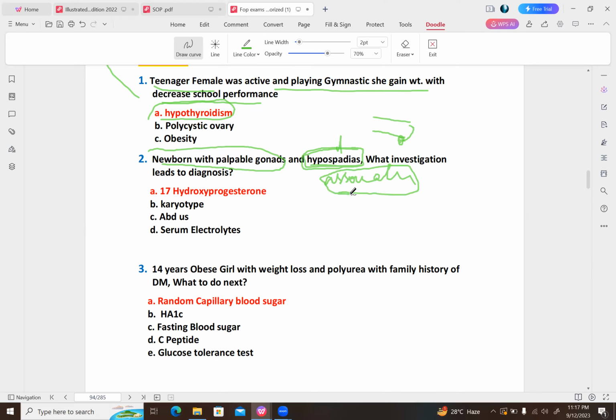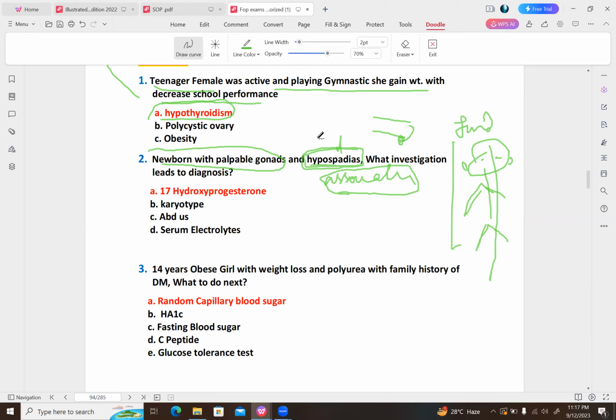One of my teachers told me that if you find one abnormality in a child, always look for other abnormalities. Suppose there is an ear anomaly or an eye anomaly, start looking at the whole body for others. I like this approach too much.